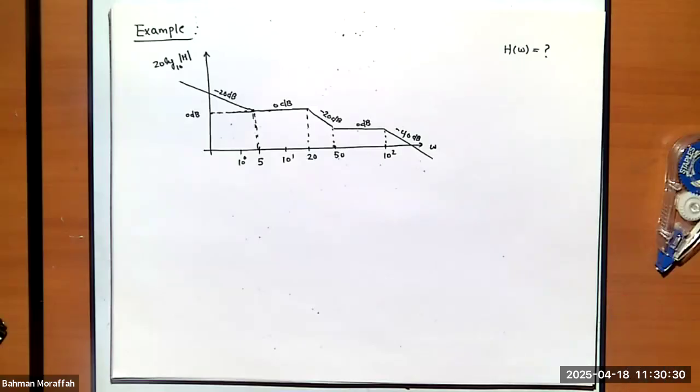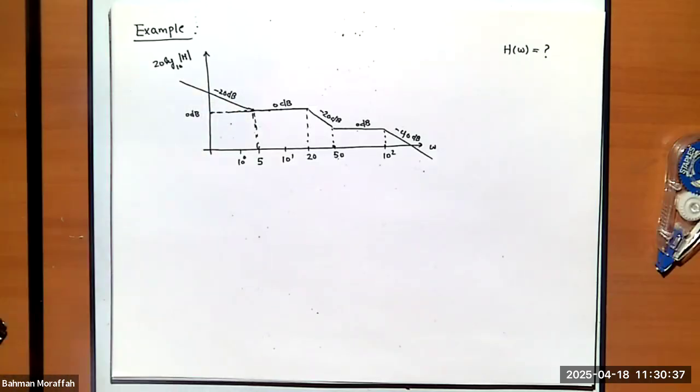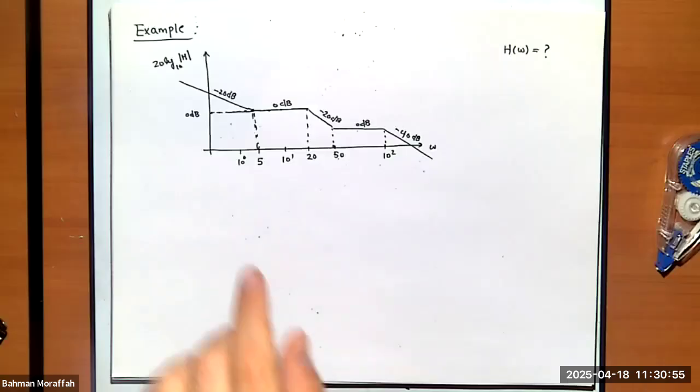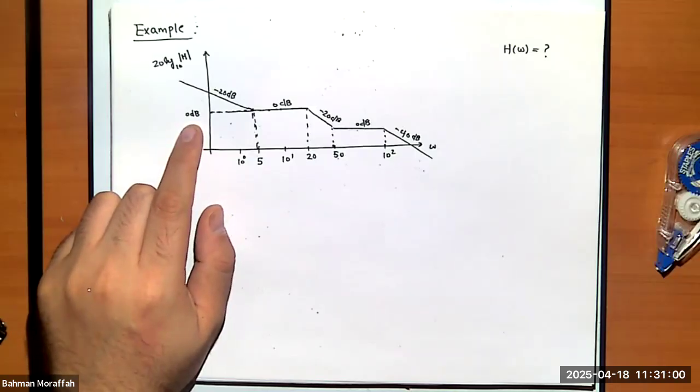Let's look at this graph. What does it tell me? If I look at this portion of this graph, what it tells me is that I'm going down from negative infinity. If I start from negative infinity and go down by 20 dB, I have a simple pole at the origin. And I know this point over here can determine what my constant is.